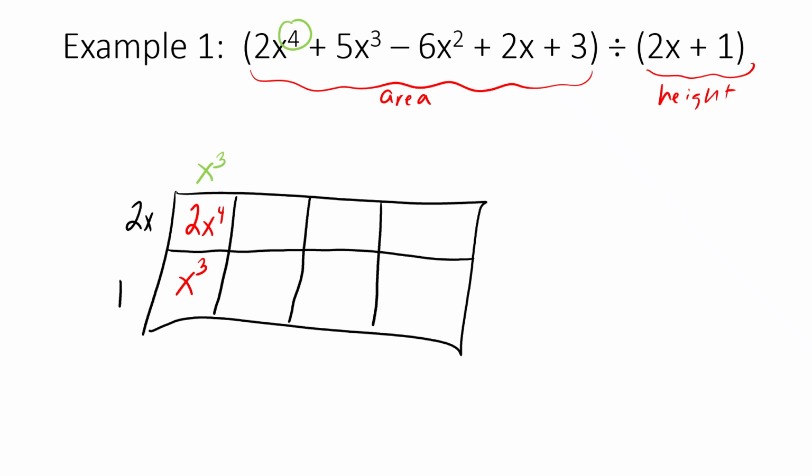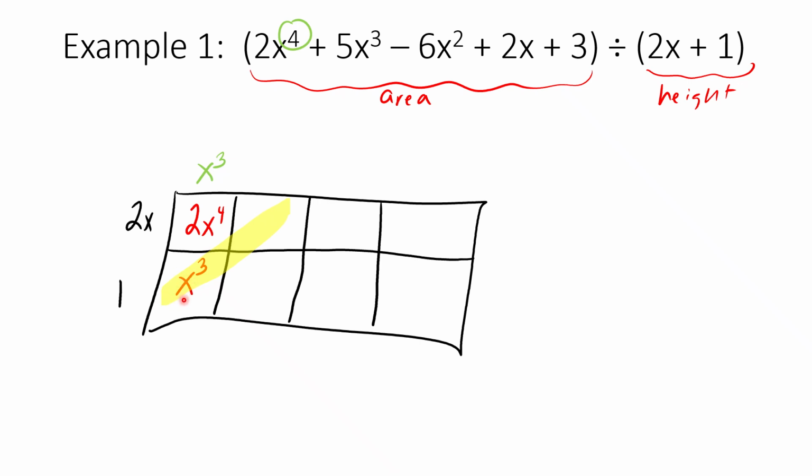Now remember I said earlier, we're going to leverage the fact that like terms are on the diagonal. So my x to the thirds are going to be right here. So I know that this plus this, because we're looking for the area, x to the third plus this right here, must be equal to 5x to the third, because this one is the area, and here's where the x thirds are.